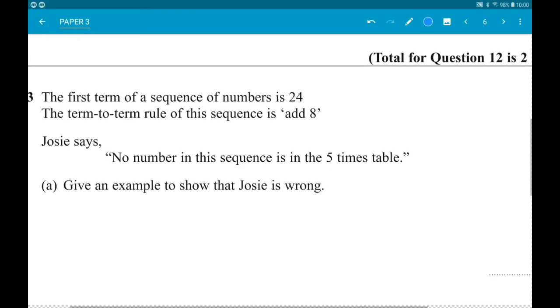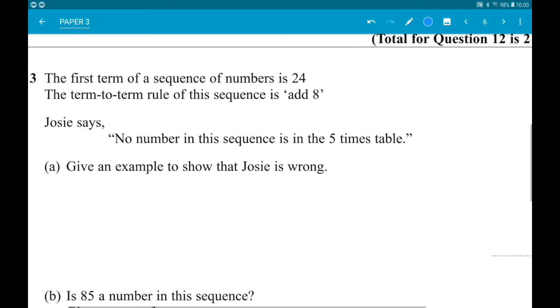Okay, number 13. The first term of a sequence of numbers is 24. The term-to-term rule of the sequence is add 8. Josie says no number in this sequence will be a multiple of 5.